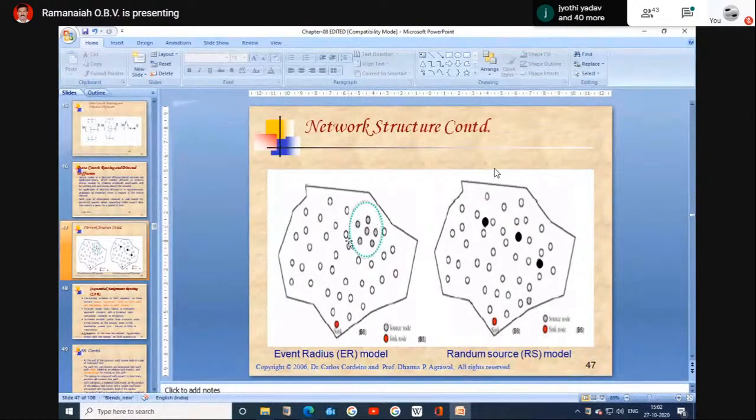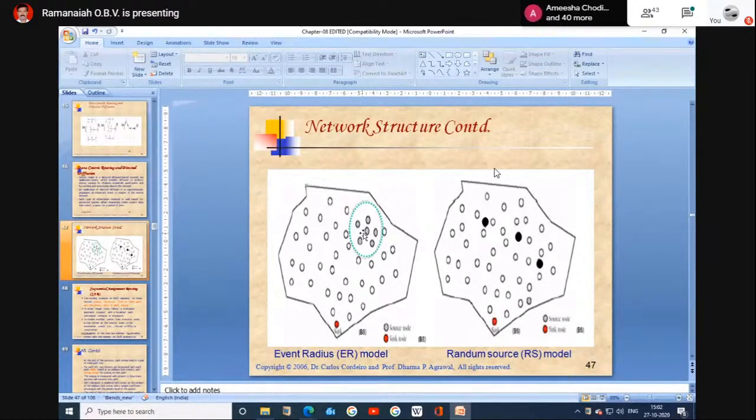So all the surrounding nodes, all the neighbors, are considered as data sources. So only one node has detected it. Still, the cluster to which it belongs is identified, and all the nodes in that cluster are made data sources. They have to start sensing and send the result back to the sink node. So this is what you call event radius.